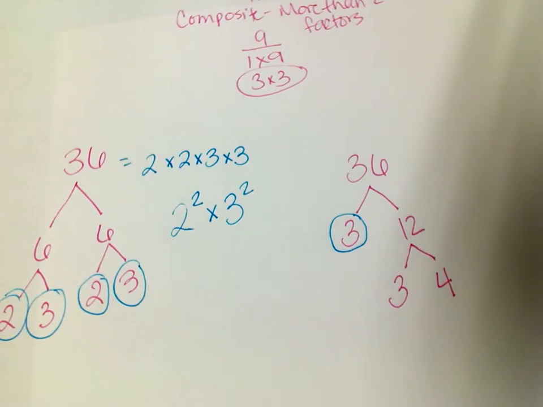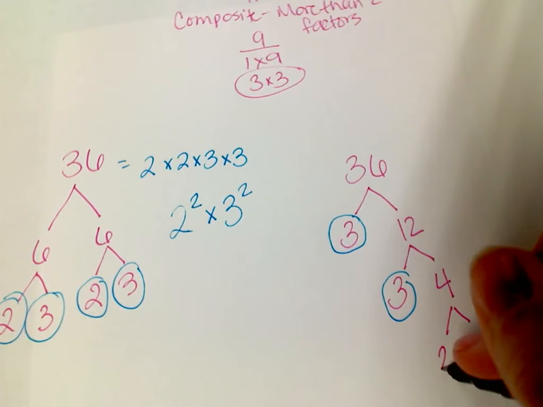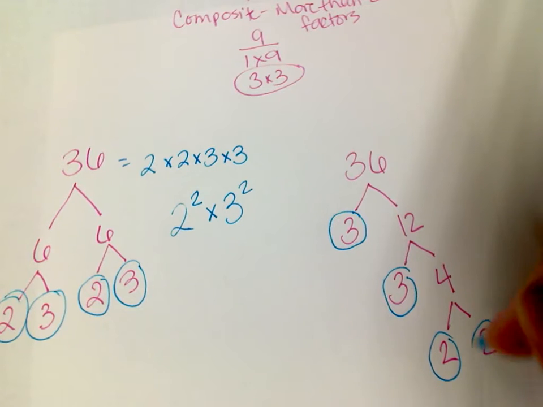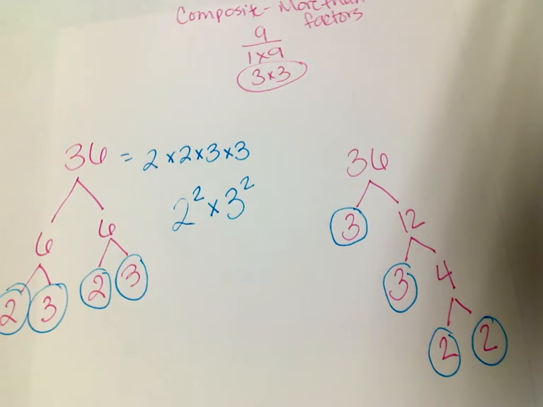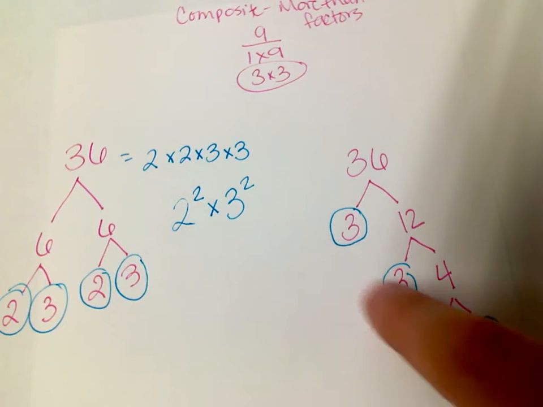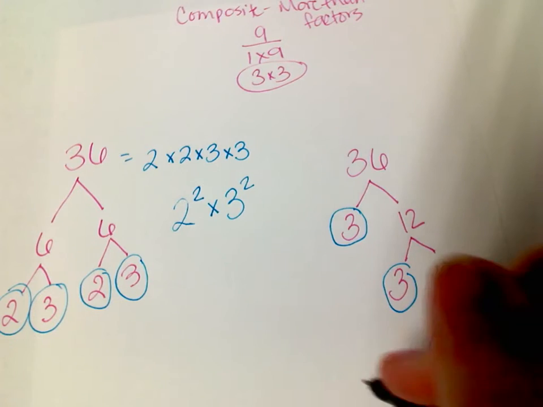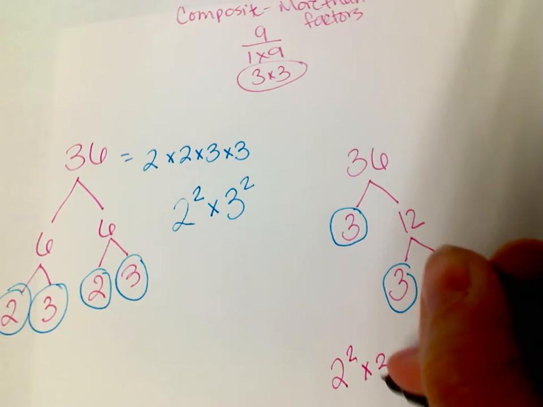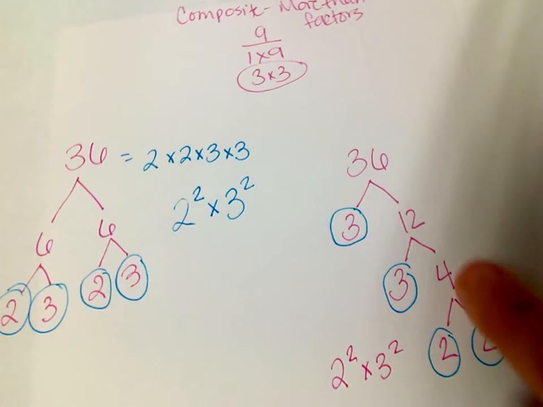So I'm going to circle 3 because that's prime, and 4 could be 2 times 2. And so I'm done because it all ends with prime numbers. So my answer is just these circled ones. That's 2 squared times 3 squared, because I have two of the 2's and two of the 3's. So I'm going to get the same answer. It's just I went about it a different way.